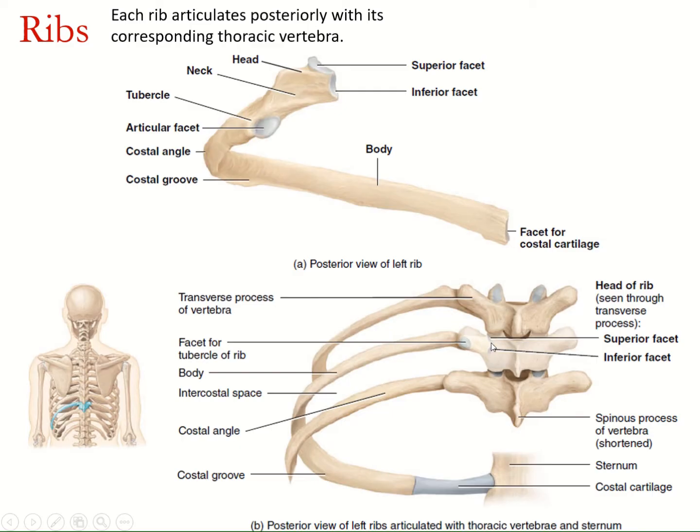Okay, the rib articulates at these portions, the tubercle and the head, with the different parts of your thoracic vertebrae. And it will course anteriorly, then there would be articulation with your costal cartilage and articulation with your sternum. Okay, so from posterior, lateral to anterior.